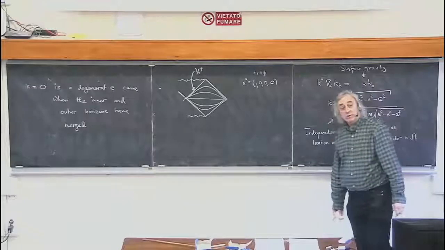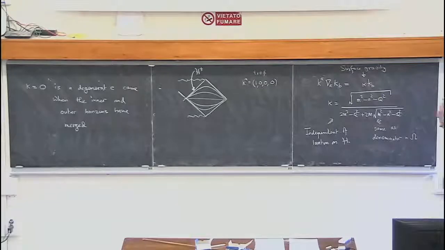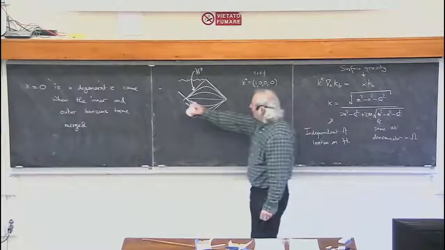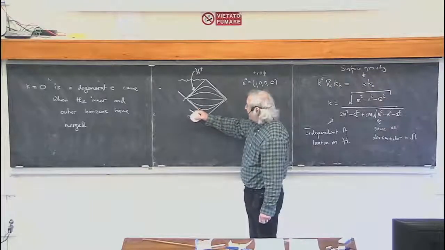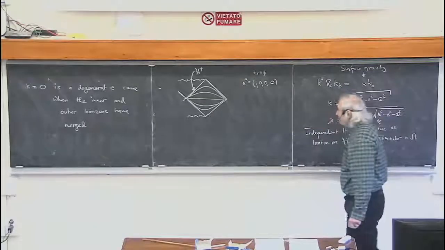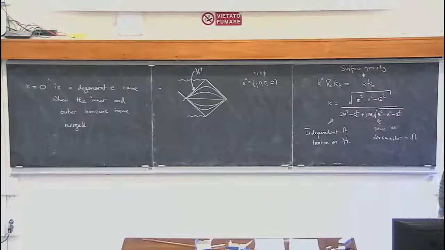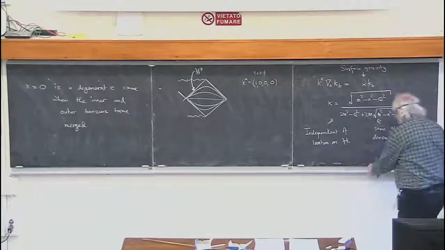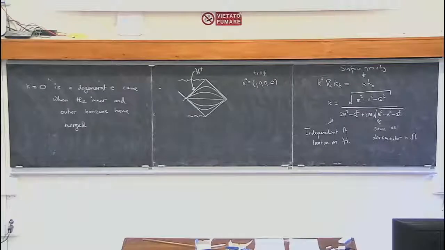The green lines do not go through H+. They only go through this peculiar crossover point between the past and future horizons. And in the case of gravitational collapse, this surface simply doesn't exist, and this surface starts somewhere. So trying to do it in terms of t, r, theta, phi coordinates is futile. What you have to do is use a set of coordinates which are sensible on H+.